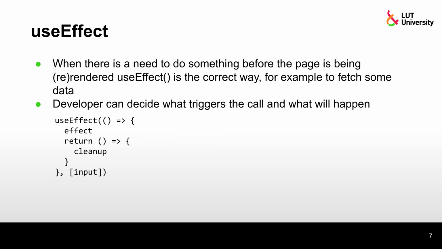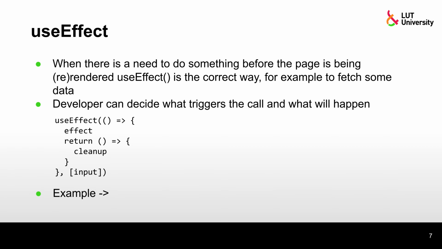And then there is this second parameter, and you can define what triggers the useEffect. You can decide that only this button triggers it, or this and that button trigger it, or everything triggers it, or nothing triggers it. If there is an empty array, then it's never re-rendered, and this useEffect is never called again.